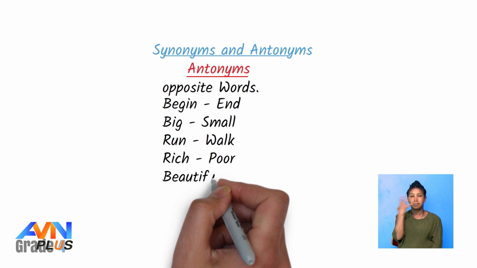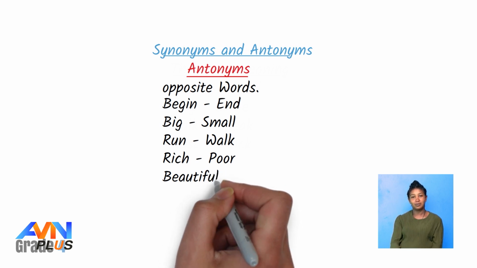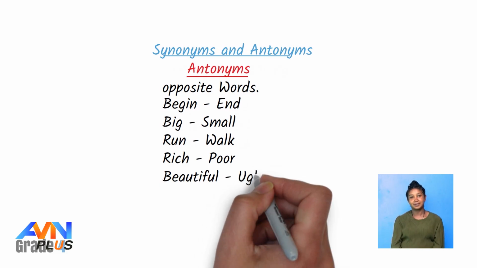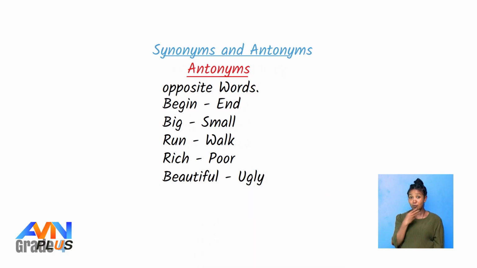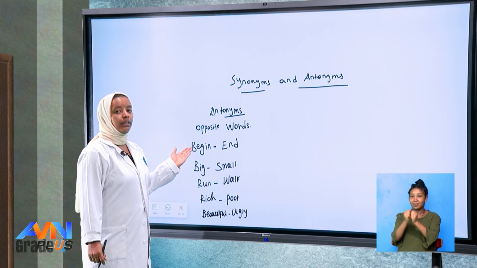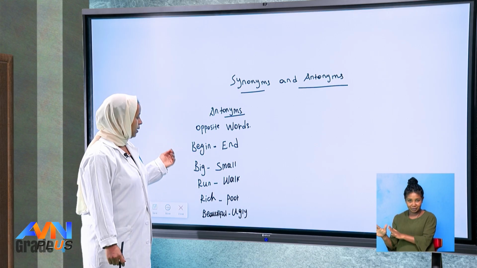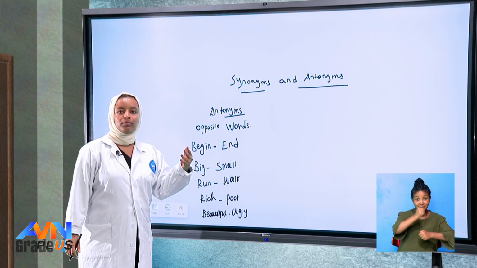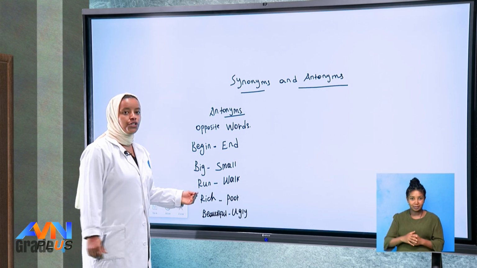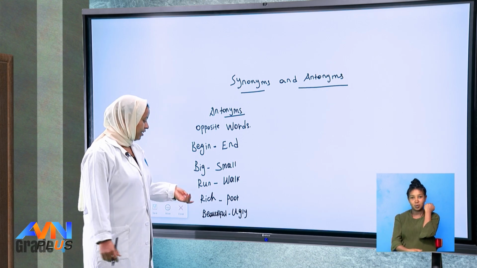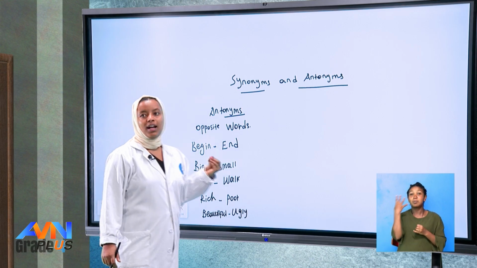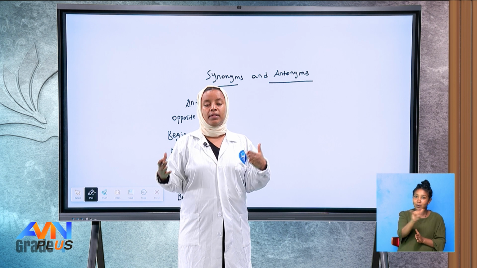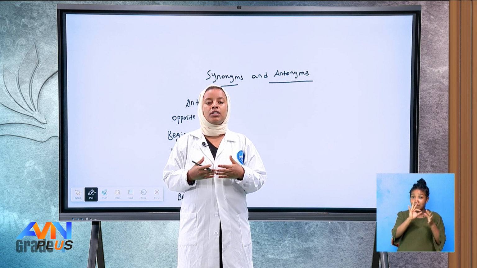Beautiful, ugly. Beautiful, ugly. Let us read together. Begin, end. Big, small. Run, walk. Reach, pour. And the last, beautiful, ugly. These are some examples of synonym and antonym, the same meaning and also the opposite meaning.